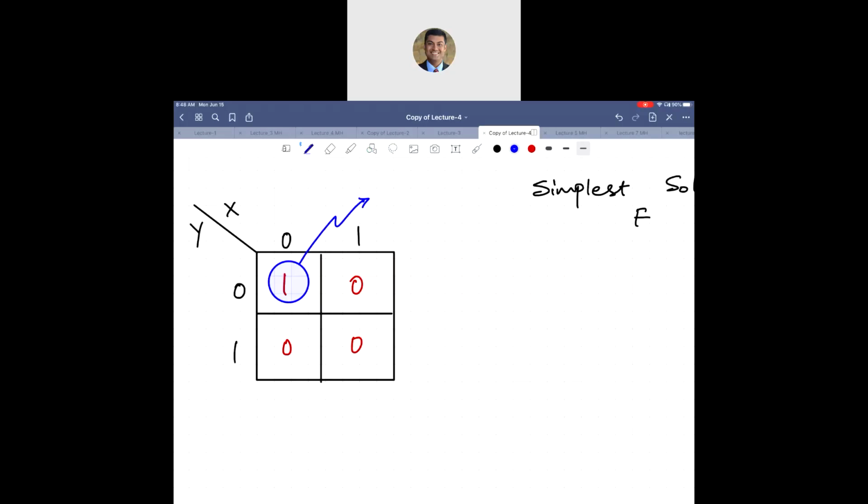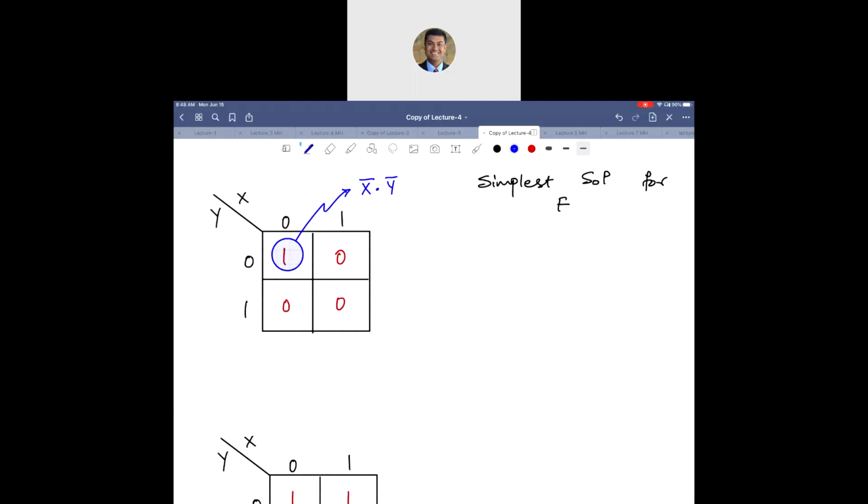Nothing to combine here. So what would be F? X is 0 and Y is 0. That's it. So your F for the first example is simply X bar and Y bar. Also written as X nor Y.